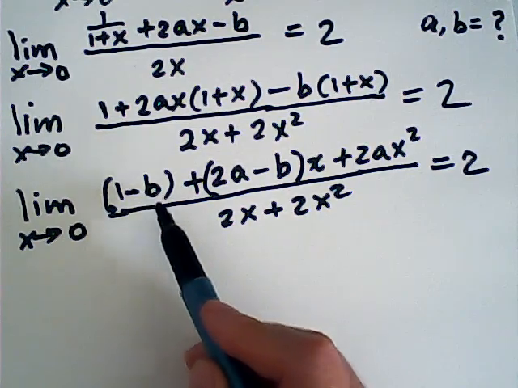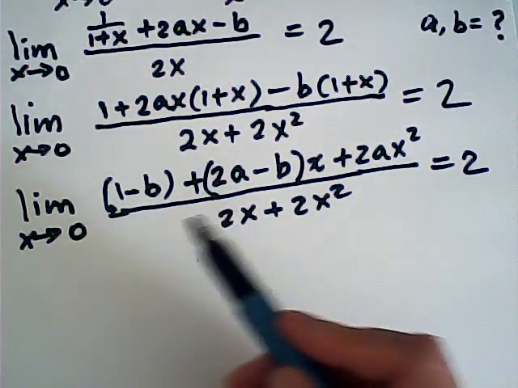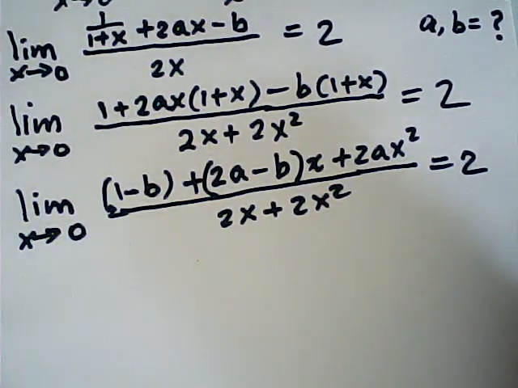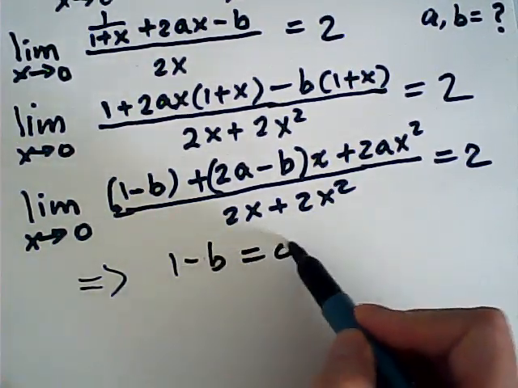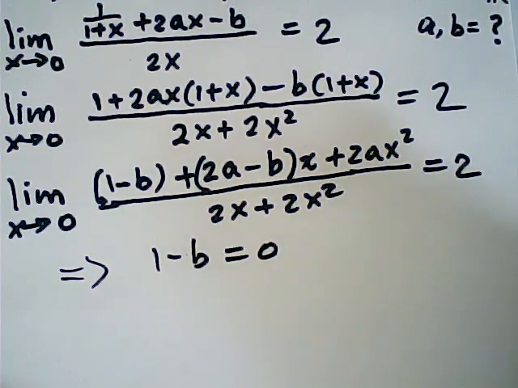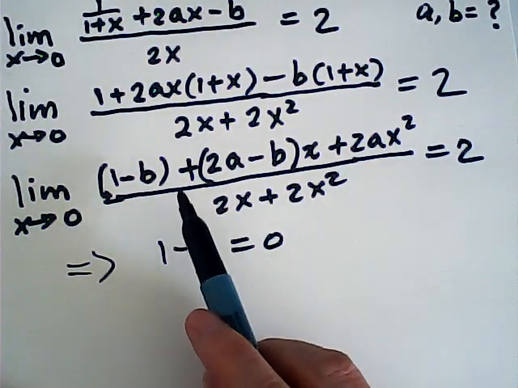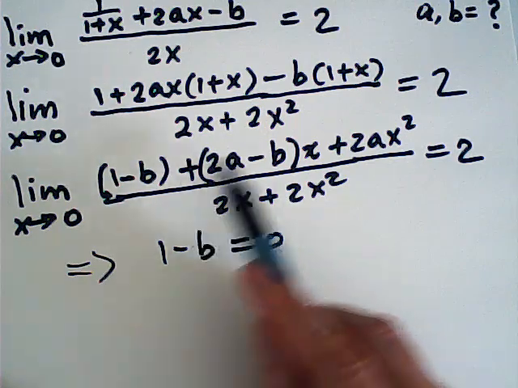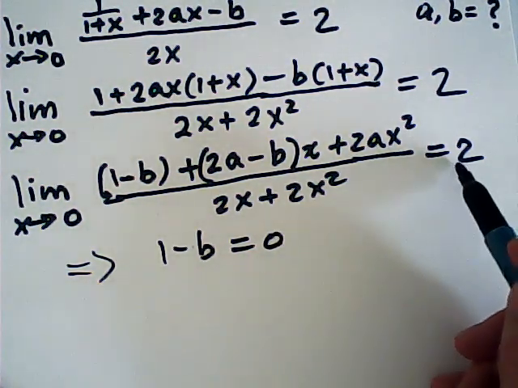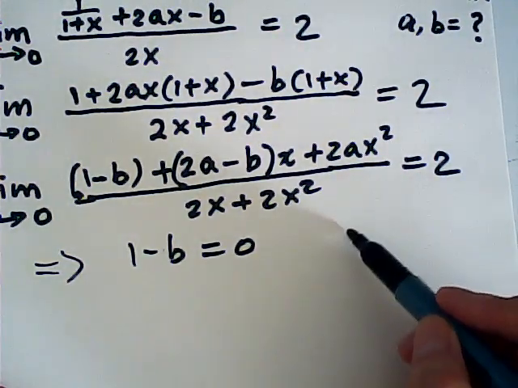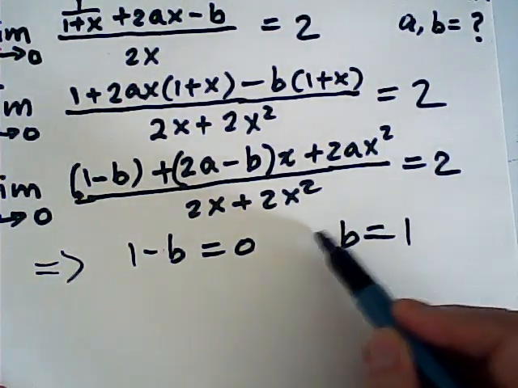Therefore, 1 minus b must be 0. If it were not 0, then this limit would go to infinity, not 2. Therefore, b is 1.